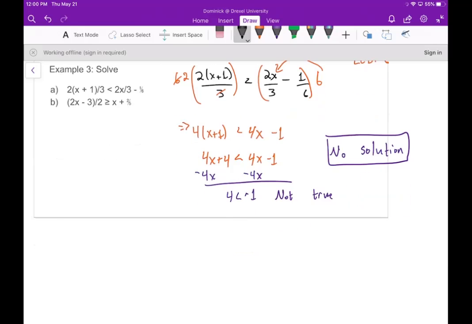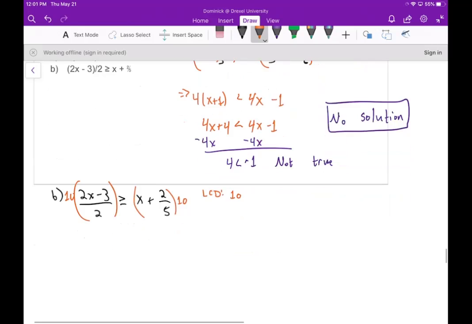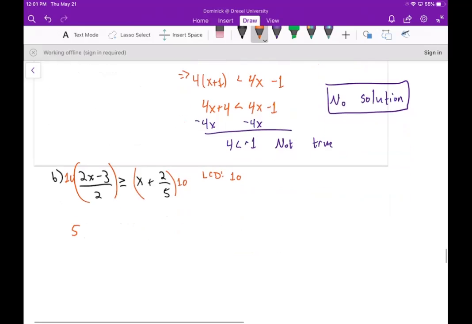Okay, part B, we have 2x minus 3 over 2 greater than or equal to x plus 2 over 5. So our LCD here is going to be 10. So when we multiply, we're going to get a 5 left over times the 2x minus 3 greater than or equal to 10x.